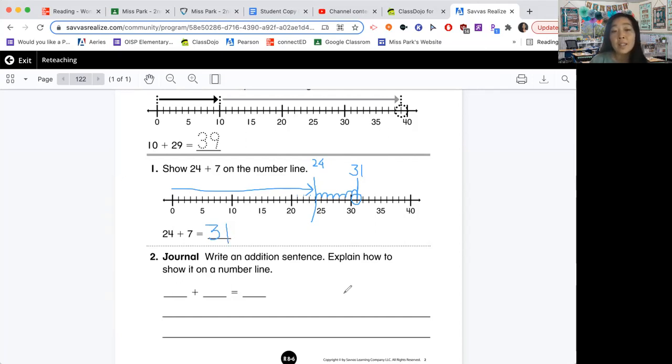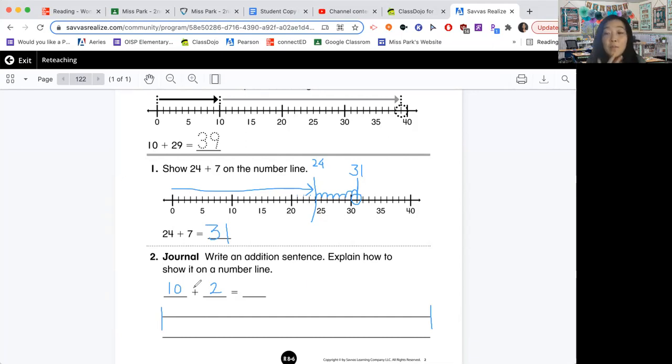So 24 plus 7 equals 31. Now, you guys could make your own. Write an addition sentence and explain how to show it on a number line. I'm going to do something super simple: 10 plus 2. Instead of explaining how to show it on a number line, I'm going to show you actually.